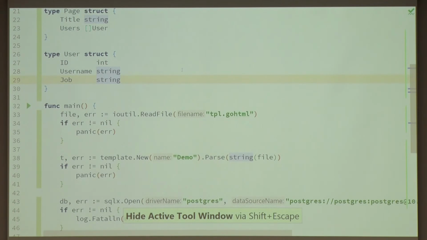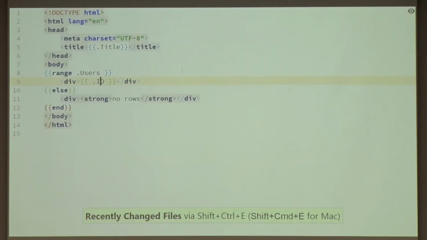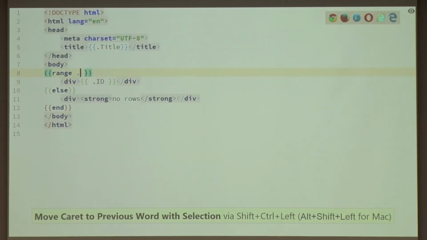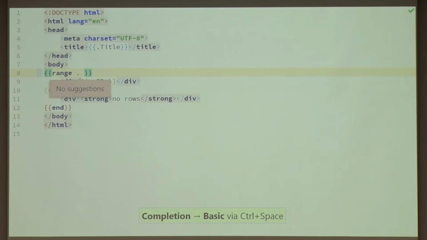But what if I want to write the template? So if I go here and I try completion in the template, there's nothing that helps me to write the template code. Yes? So that's a problem because I want to be able to know if I have the right field or not, like it happened before.